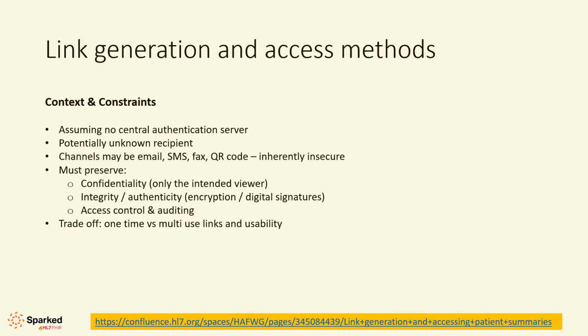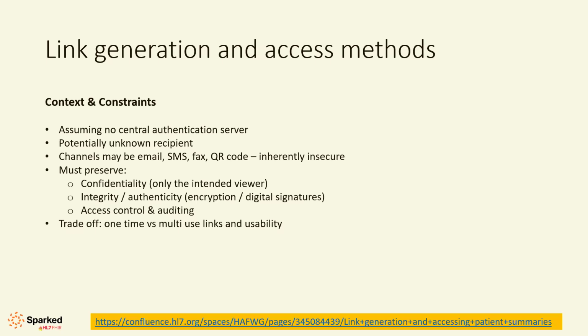So we've discussed preserving confidentiality, integrity, and access control. So confidentiality being that we only want the intended viewer to receive it. We've mentioned digital signatures in the previous portion of this meeting, and the access control and auditing features. Those came through as some of the more important features that we need to consider.